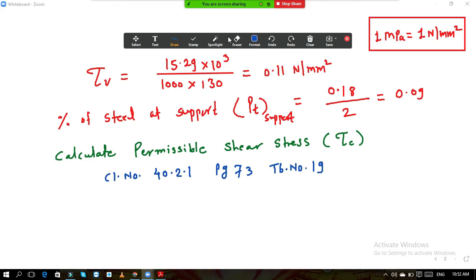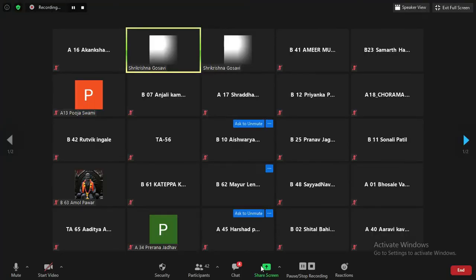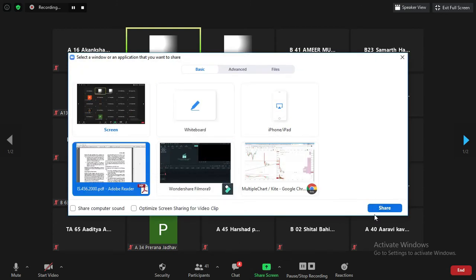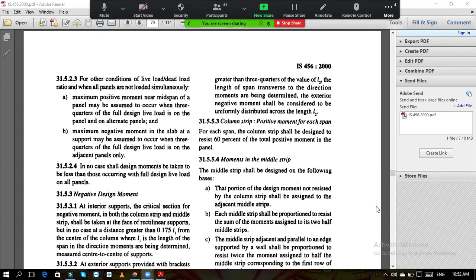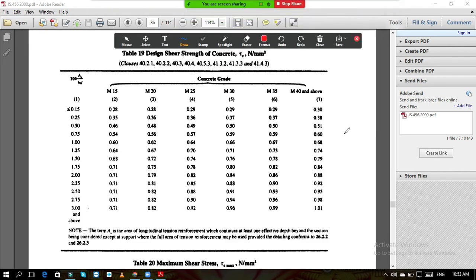Now we will move to the IS code so that you will understand this. Table number 19, page number 73. Previously also we have used this table.